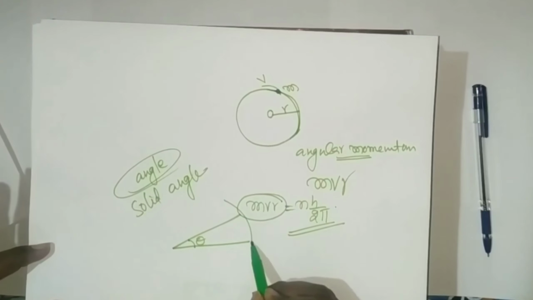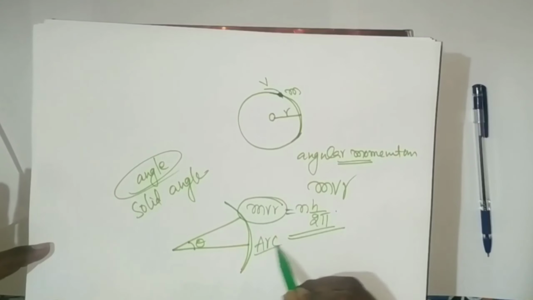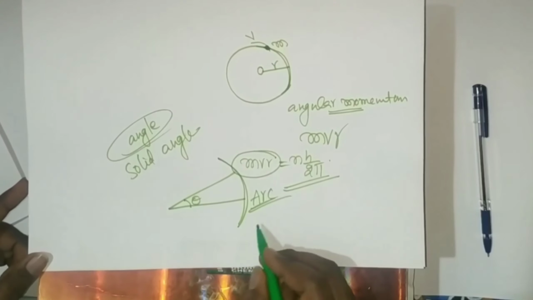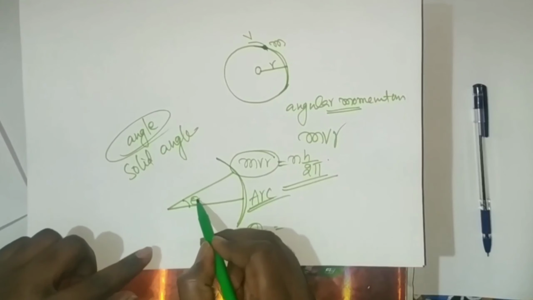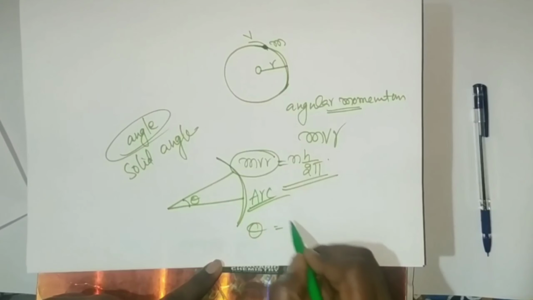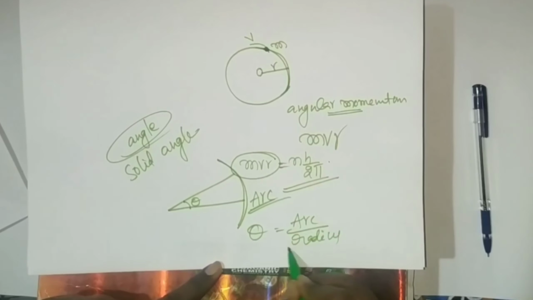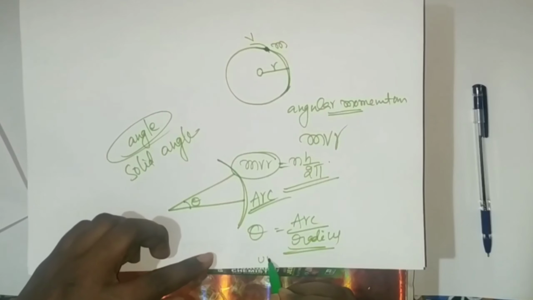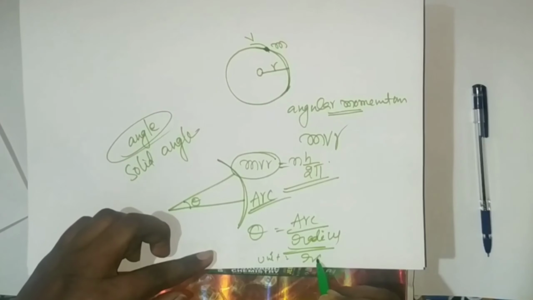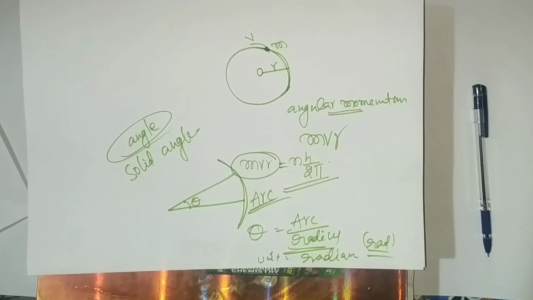We studied in lower classes that this is an arc. So theta is equal to arc by radius. Here the unit is radian.